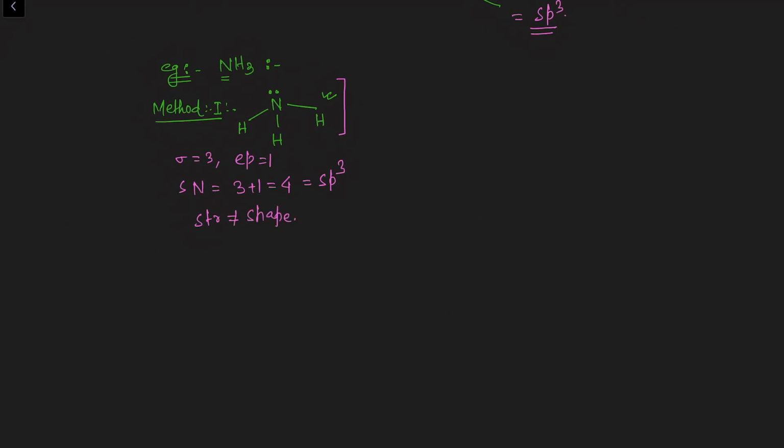So the structure of this molecule will be tetrahedral. First draw the structure of this tetrahedral molecule. This is nitrogen, right? In this tetrahedral geometry, all bond angles are 109 degree 28 minutes. So we can put the lone pair anywhere and the bond pairs anywhere. Just put the lone pair here, the bond pairs here, right? This is the structure of the molecule.